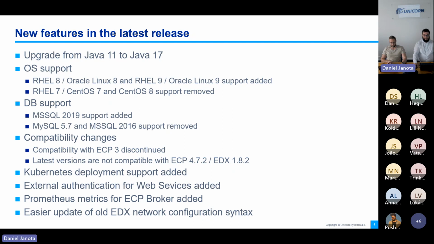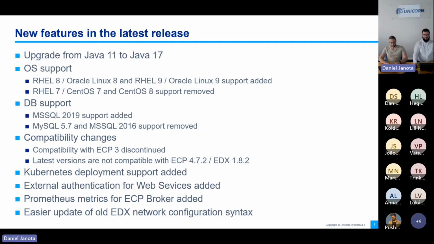We have added deployment support in Kubernetes, so all components are now covered, and the Helm charts are part of the release packages. We have added external authentication for web services, so you can use LDAP or Keycloak for web services.